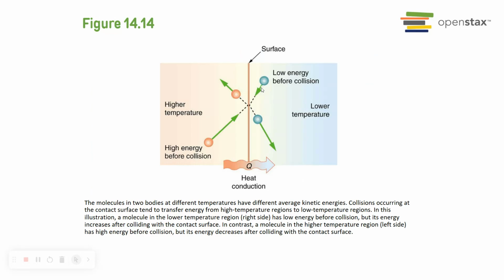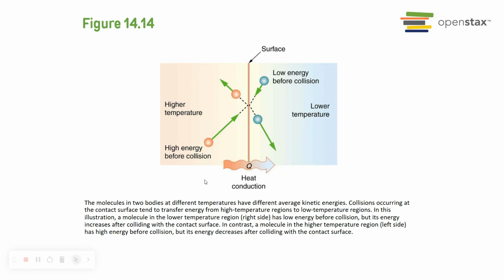The higher temperature molecules have a greater energy, and they will collide into the lower energy, lower temperature ones. And when they do that, there's a transfer of the heat. There's a transfer of kinetic energy, right? Which also means that there's a transfer of heat energy.